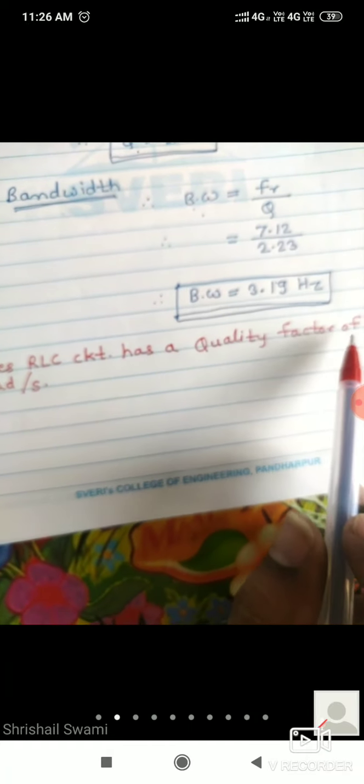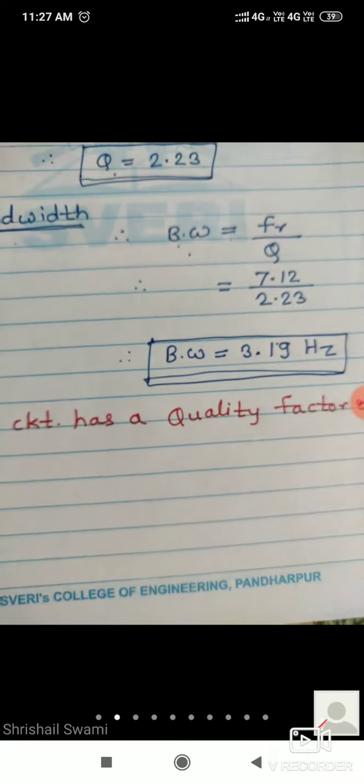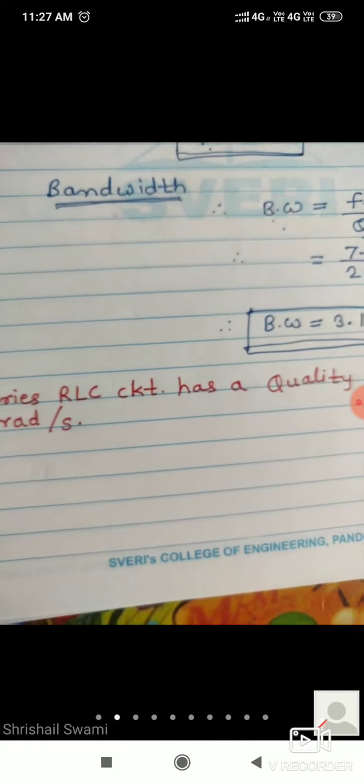A series RLC circuit has a quality factor of 5 at 50 radian per second.